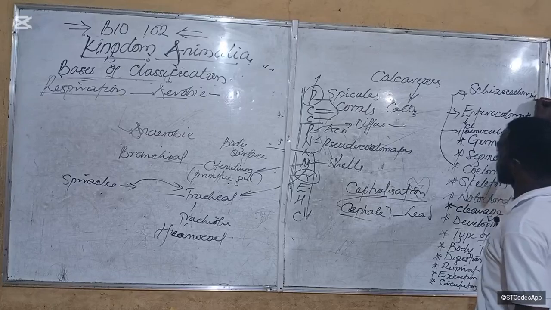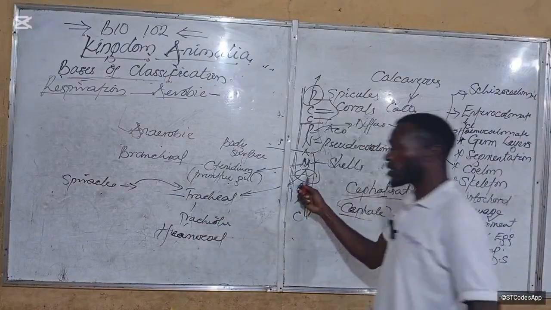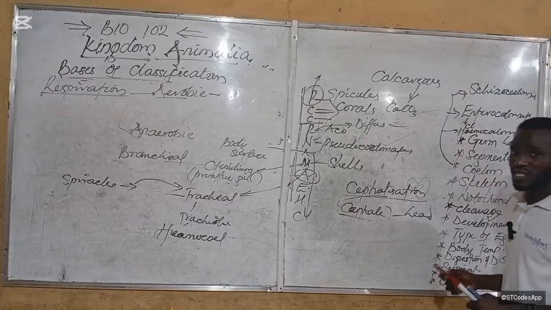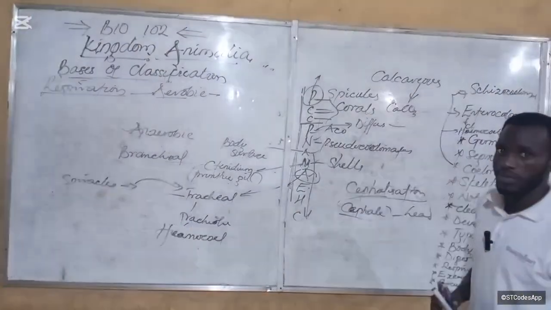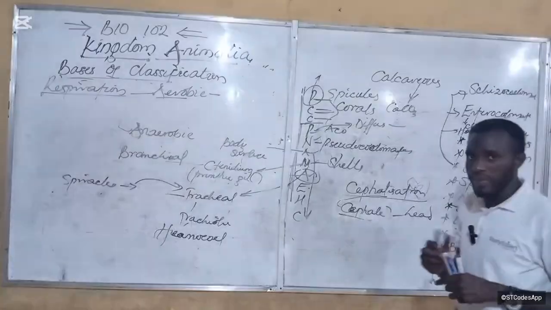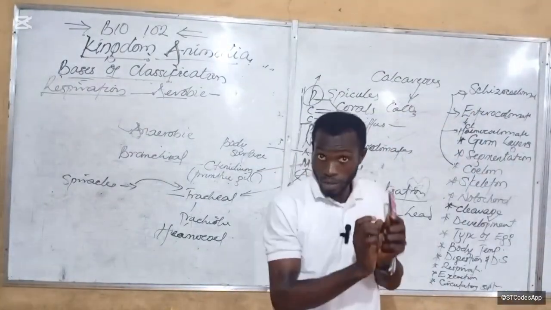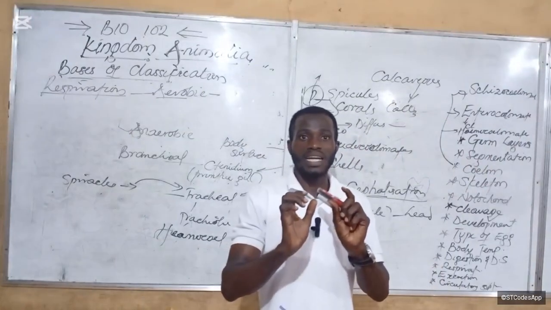So these guys, arthropods, insects primarily, are under the hemocoelomates because their mesoderm separates their coelomates.